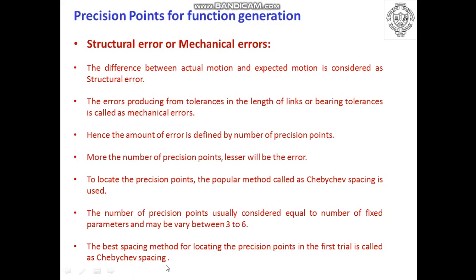Many times in the exam this question will be asked: specify the name of the method for locating the precision points. Then you need to write the name of the method as Chebyshev spacing and then you have to follow the procedure.